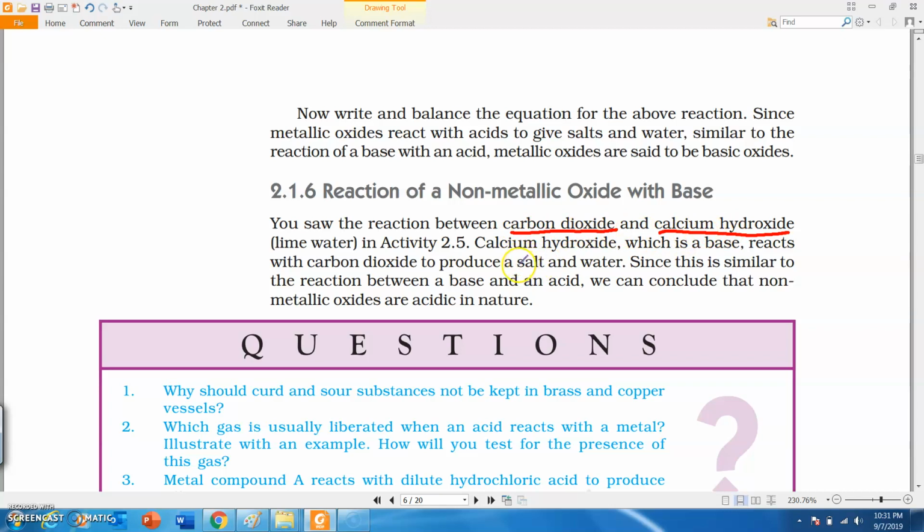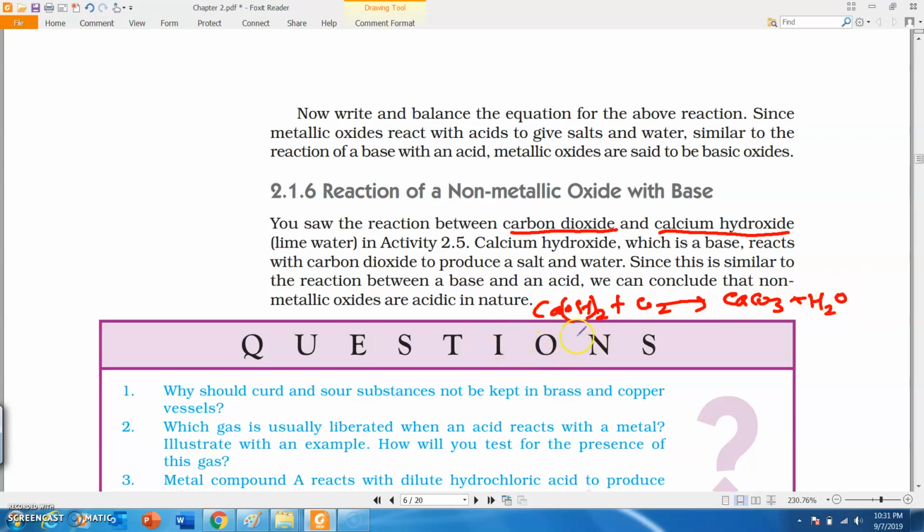What happens? When calcium hydroxide reacts with carbon dioxide, what forms? It will form calcium carbonate and H2O.